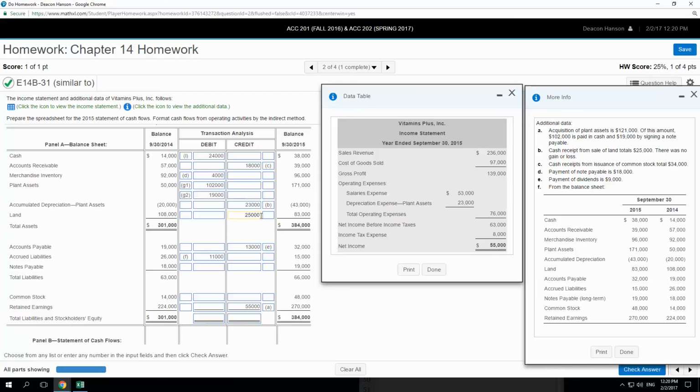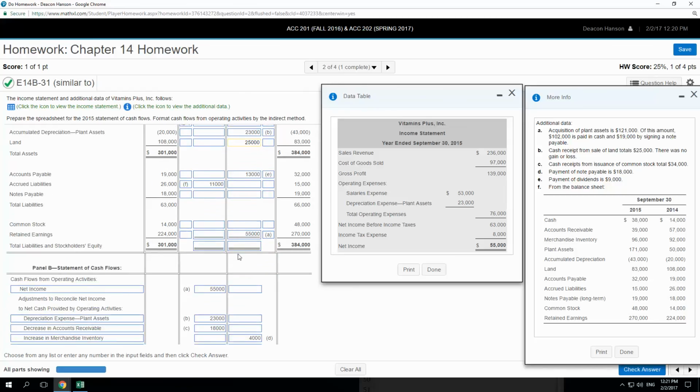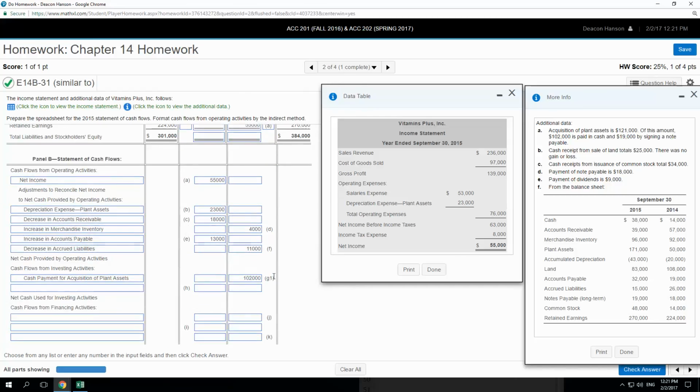Always refer back to your cash flow statement. That sale of land is a cash inflow. So you're going to have cash coming in, cash receipt from the sale of land, 25,000. And if we were to net these two out, it would give us our cash used in investing activities. But it's not asking for the subtotals along the way.